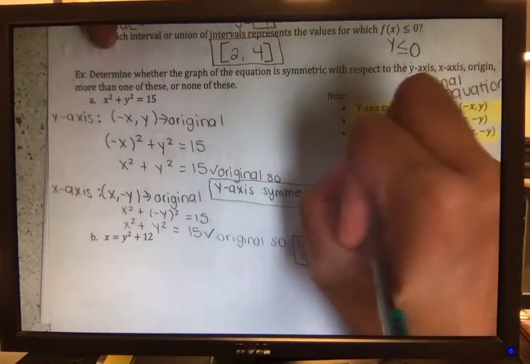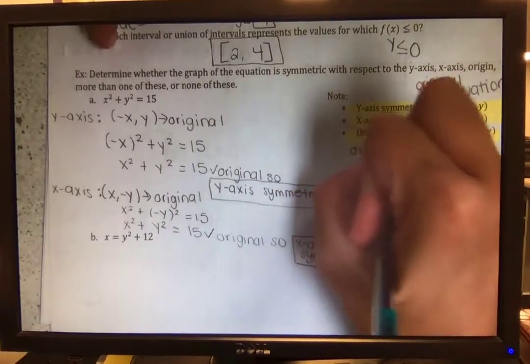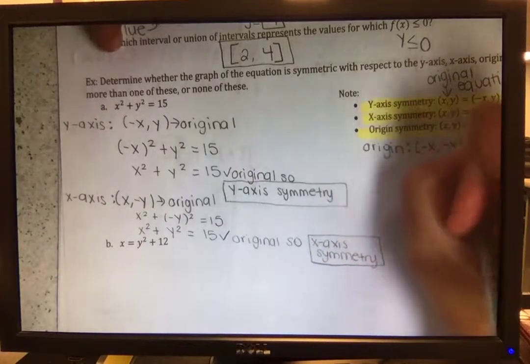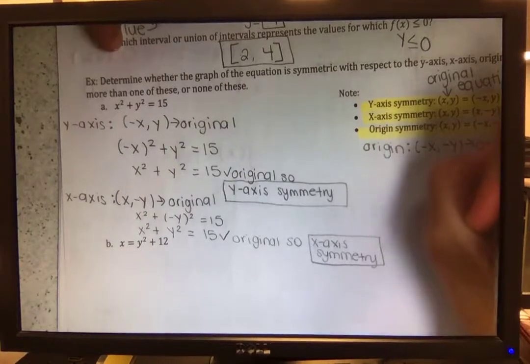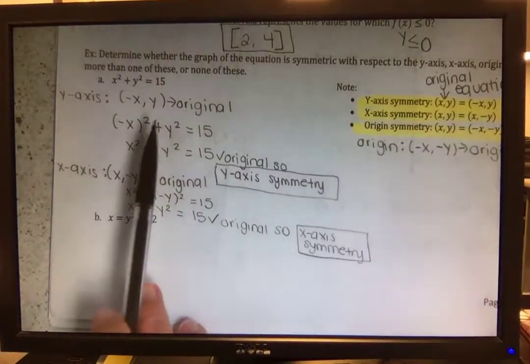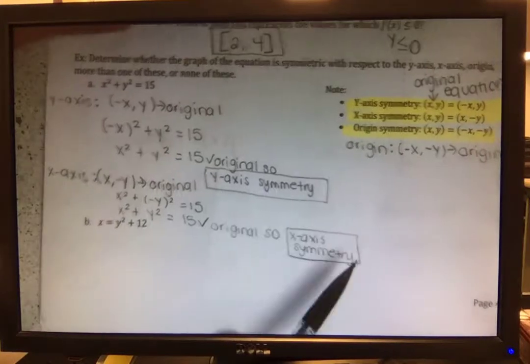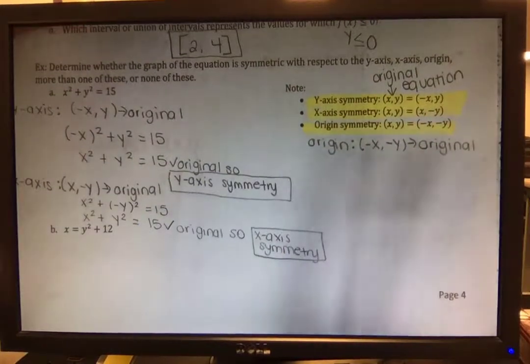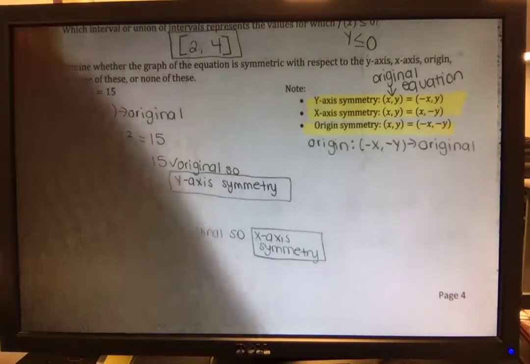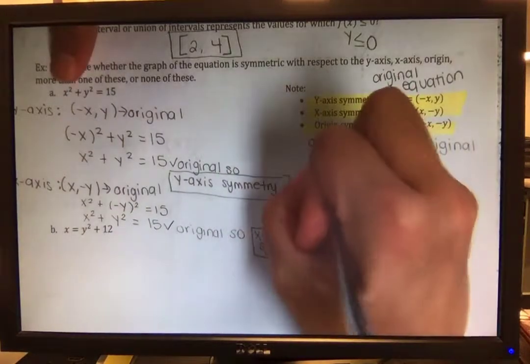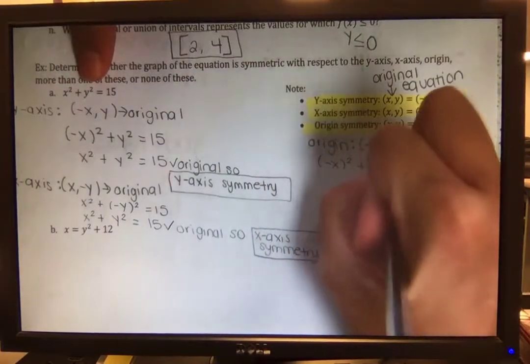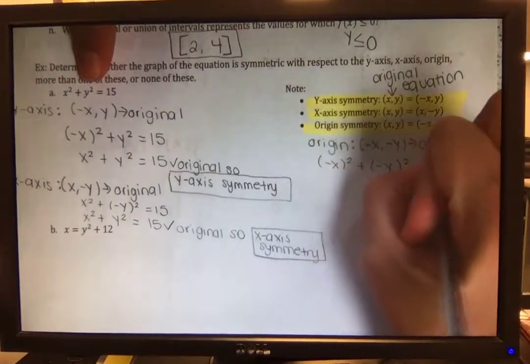And last but not least, we need to check to see if it has origin symmetry. For origin symmetry, we're going to plug in both negative x and negative y to see if we get the original out. Because we already plugged in negative x and it worked, and we already plugged in negative y and it worked, this one usually works, but let's go ahead and test it out just to make sure, especially for our notes' sake. So plugging in (negative x) squared plus (negative y) squared equals 15.